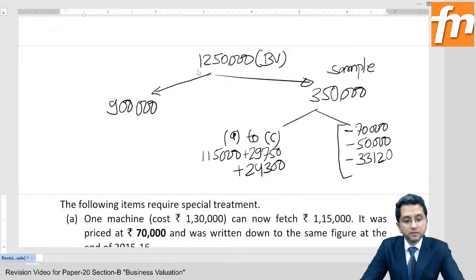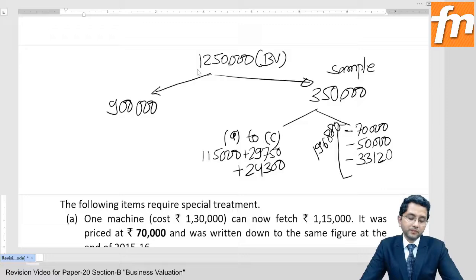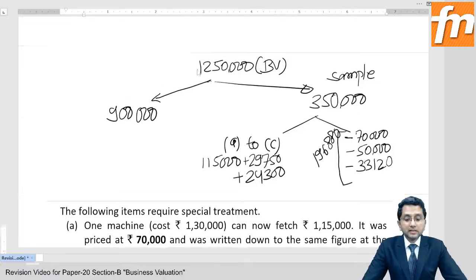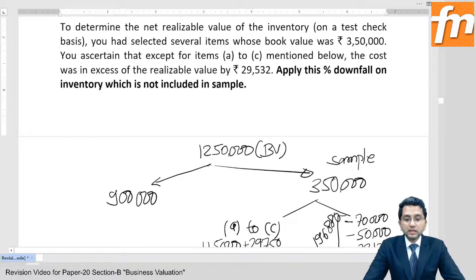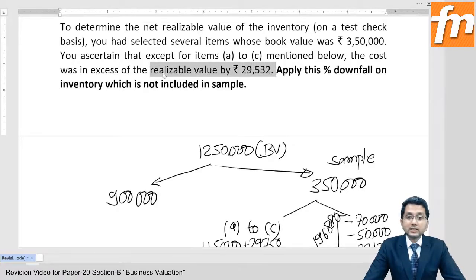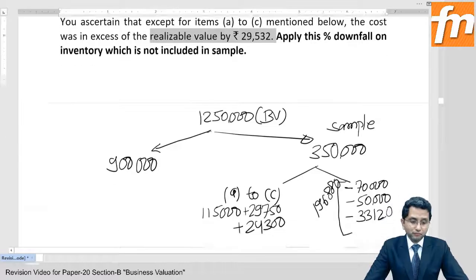Book value of remaining items is 196,880. And the realizable value of this 196,880 is less than the cost by rupees 29,532.